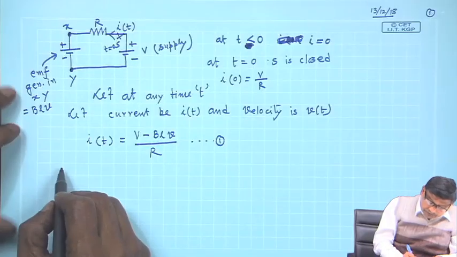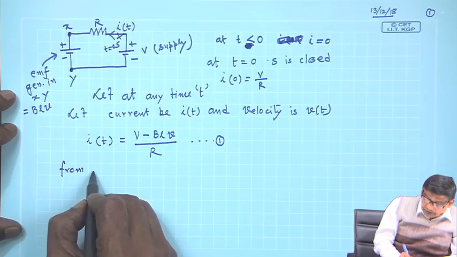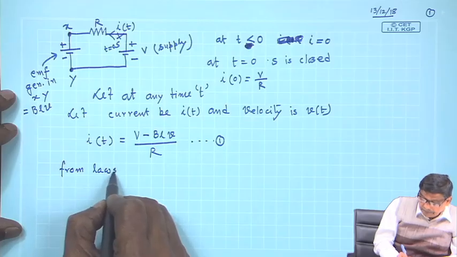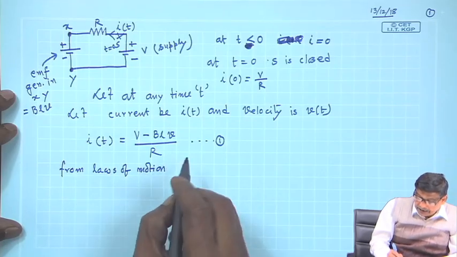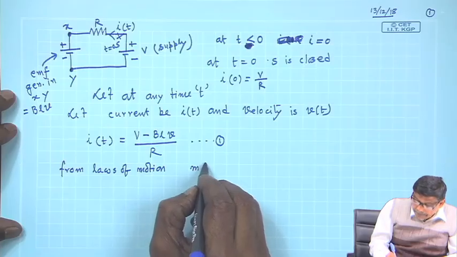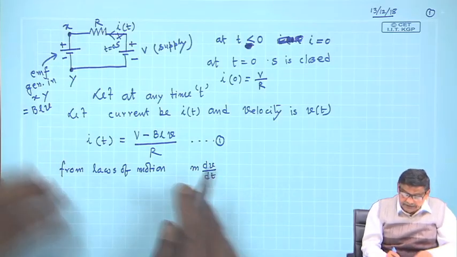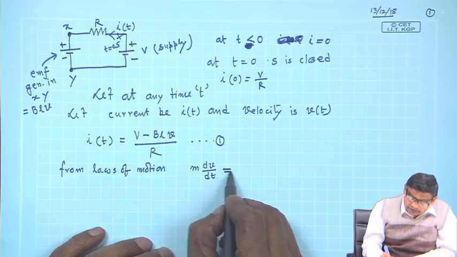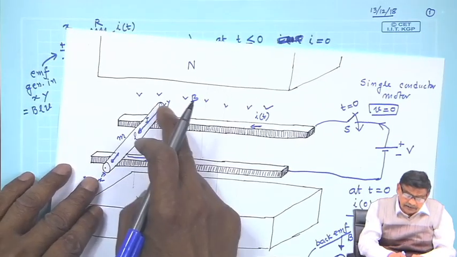From Newton's laws of motion, I know that m dv/dt, which is mass times acceleration, must be equal to the force acting.